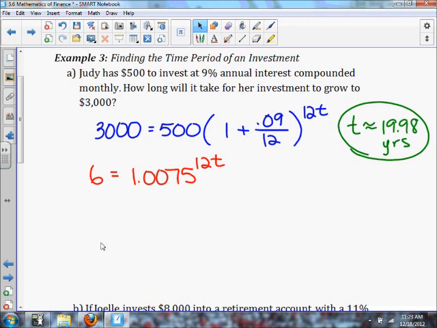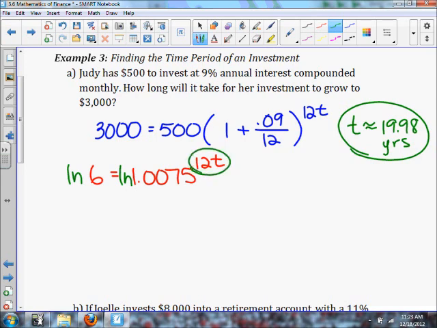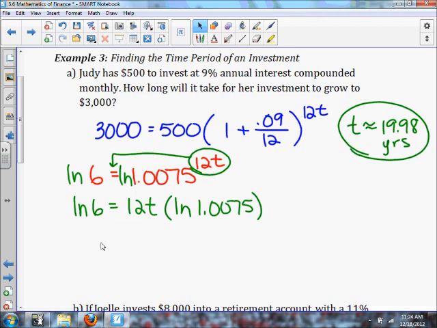If you have a question, that's fine. 3,000 divided by 500. Now, what we want to do, take the natural log of both sides. When you do that, what happens to the power 12t? It'll go to the front. So if ln of 6 equals 12t times ln of 1.0075, how do I get 12t by itself?